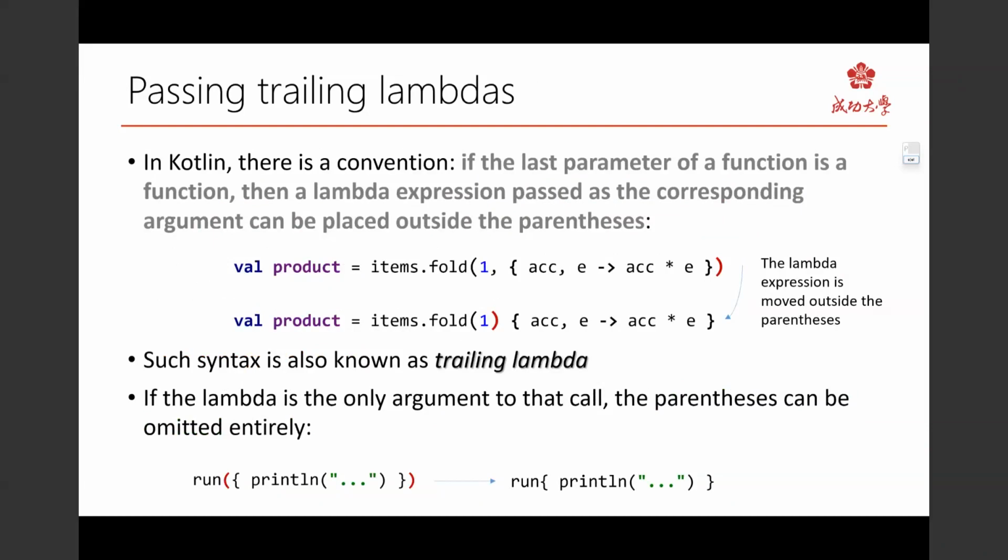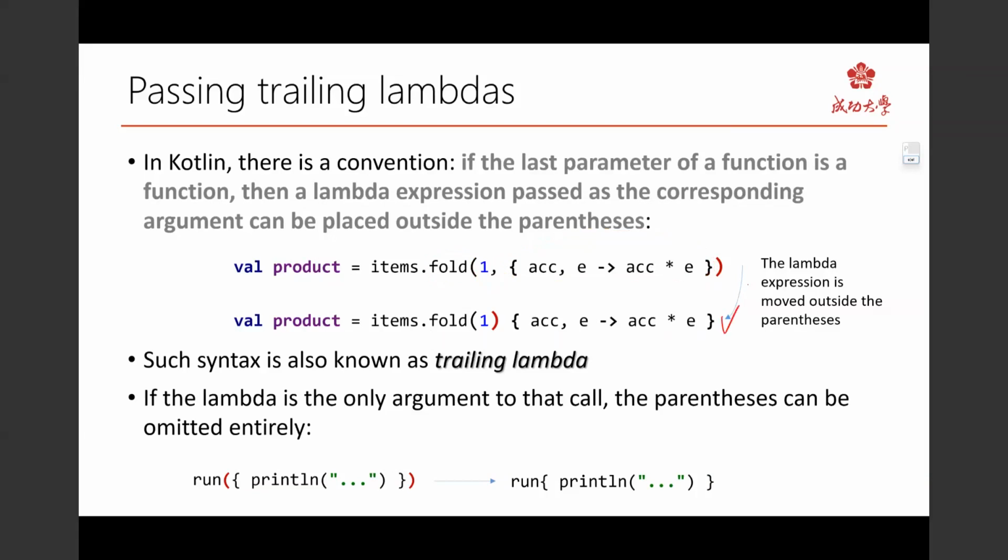So here's a very simple example. Suppose we have a function called fold over here, and you can see that its second parameter, which is also the last parameter of the function, is a lambda, okay? And so by the convention, we can move this lambda expression outside the parentheses. So the code becomes this, okay?